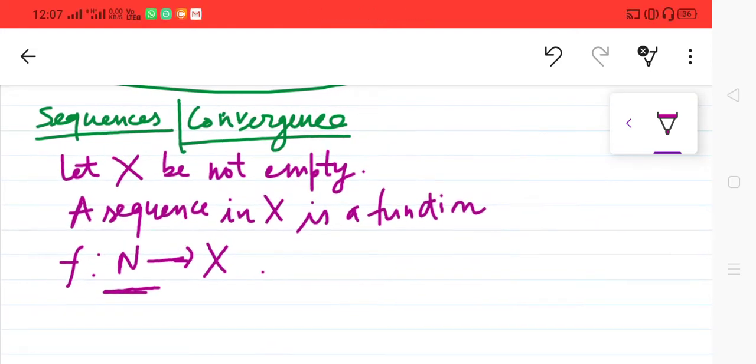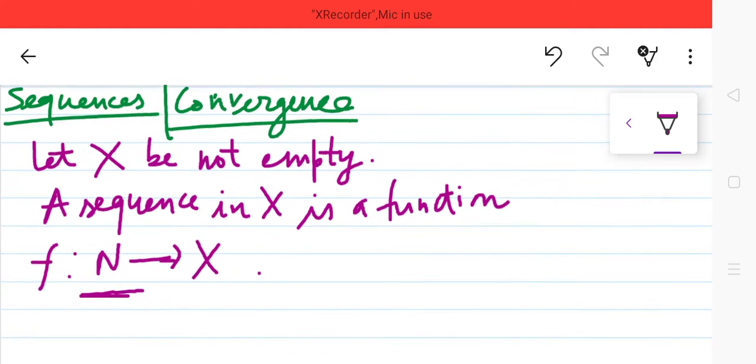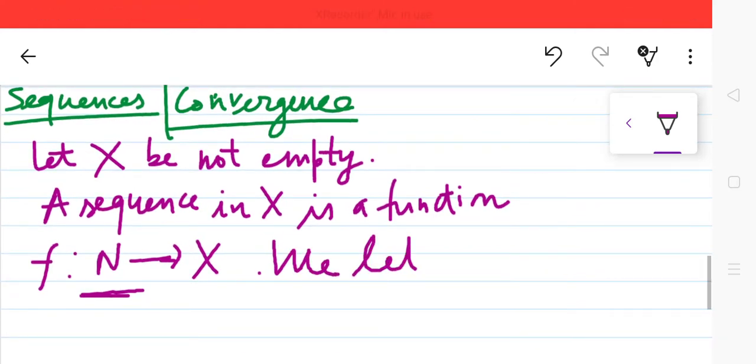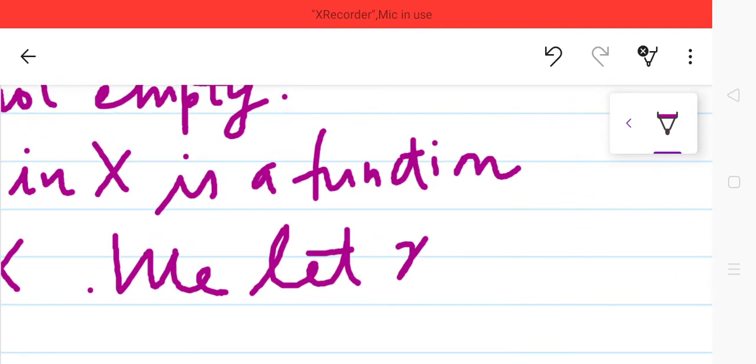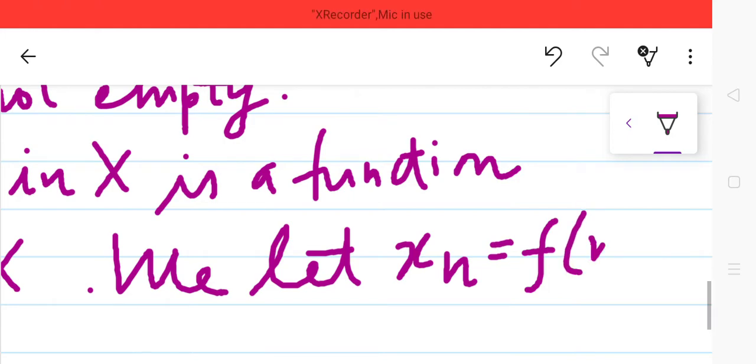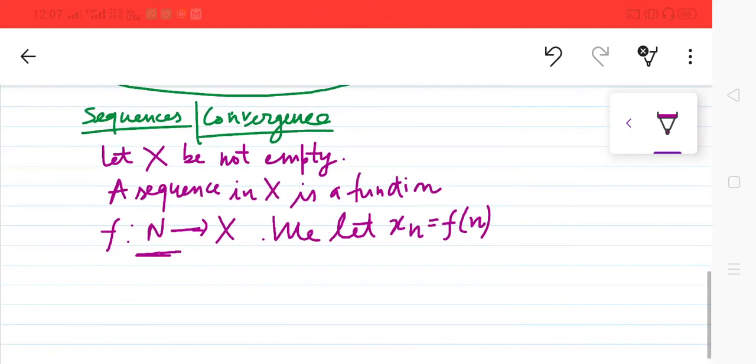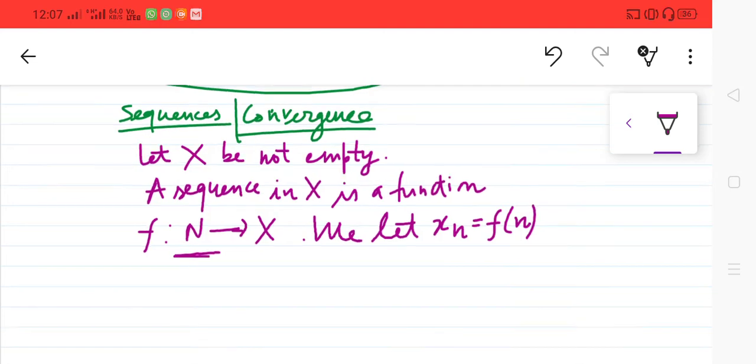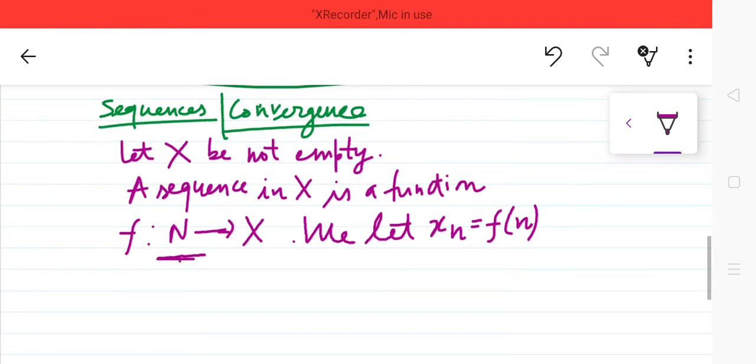This is a function from the set of natural numbers to X, and we let xn equal f of n. The idea is that one maps to some member of X, two maps to some member of X; the function maps every natural number to some element of X, and we write xn equal to f of n.